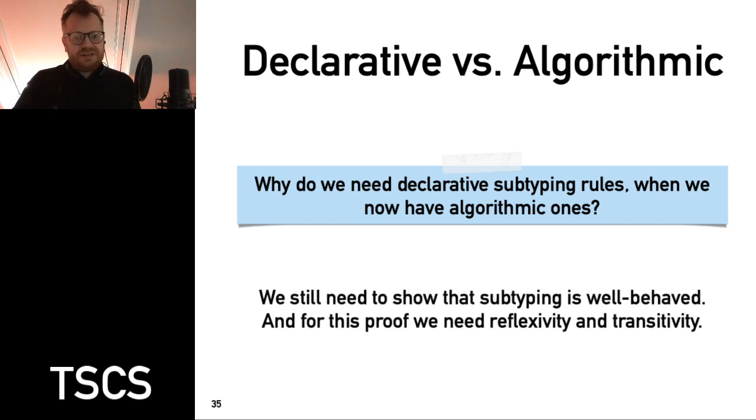We still need to show that subtyping is well behaved, that it is following type safety, progress and preservation. And for this we need proofs. And for these proofs we actually need reflexivity and transitivity. We've used a lot of reflexivity and transitivity in the proof if you look it up. And this is why we need declarative rules.